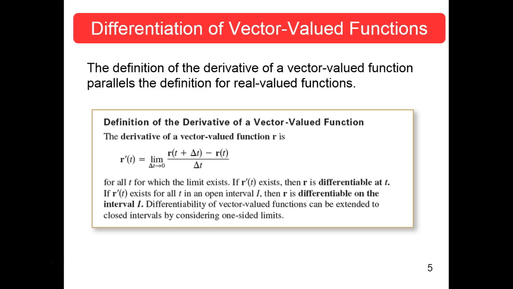Well, you would then go to the other form and say as t approaches c from the right-hand side or left-hand side, then you can consider closed intervals just as well. These are open intervals. They're a little bit easier to deal with because you don't have to worry about that endpoint.